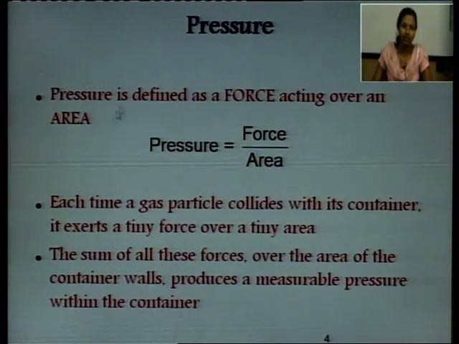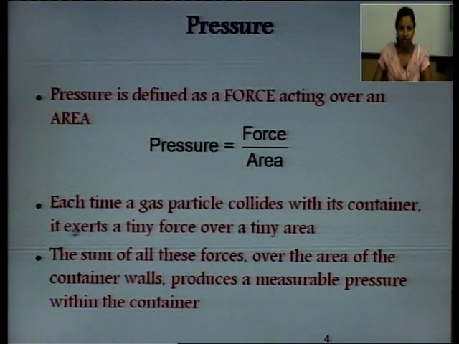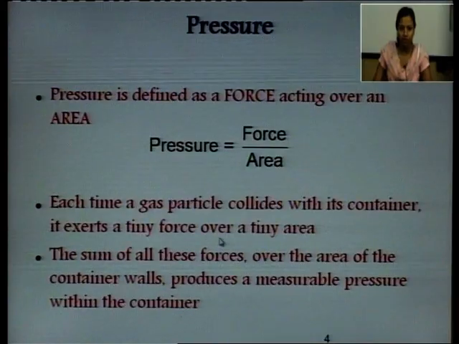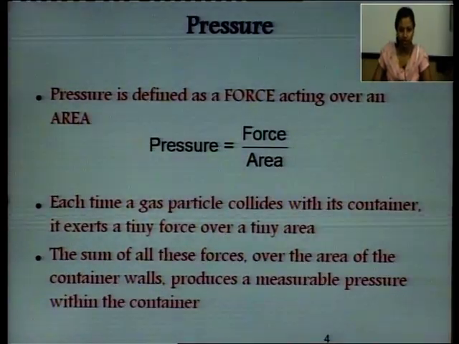So, next slide. Pressure we already defined, force upon area. Each time a gas particle collides with its container, it exerts a tiny force over a tiny area.